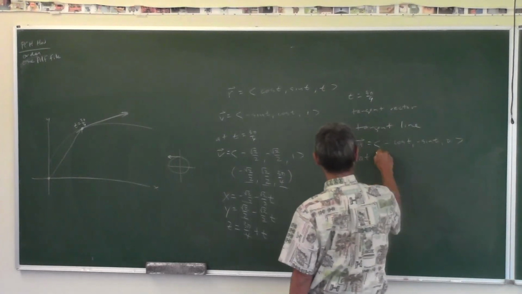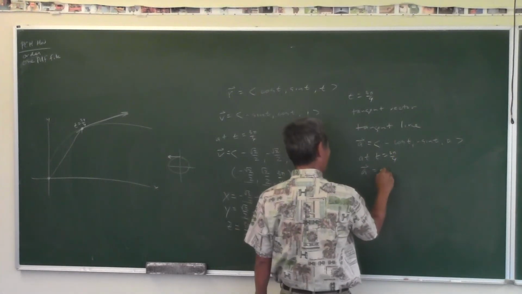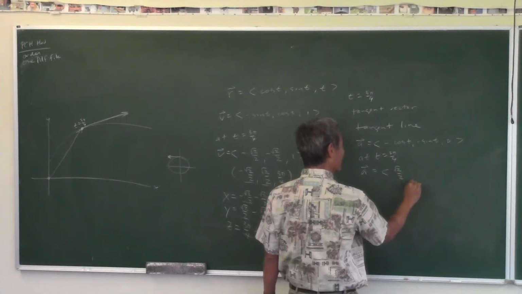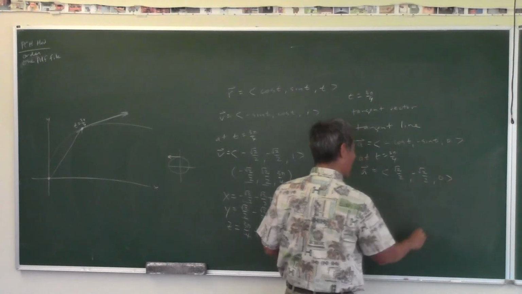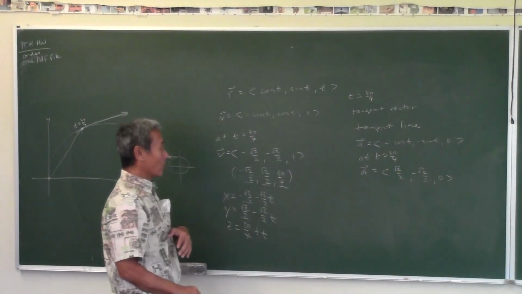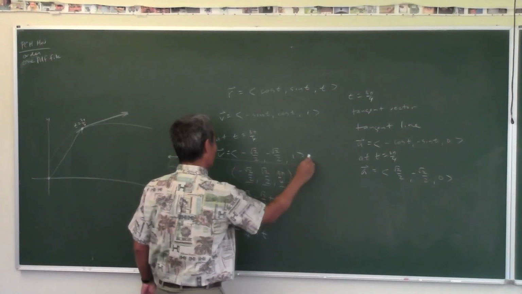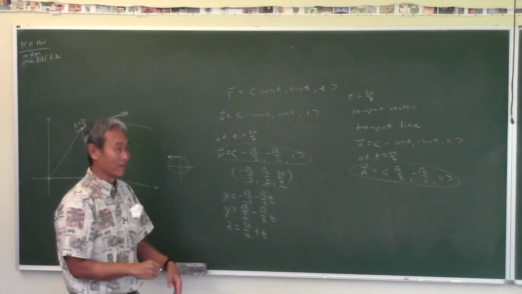So at t equals 3 pi over 4, what is the acceleration vector then? Root 2 over 2, negative root 2 over 2, 0. So, at that particular point in time, how do you find the angle between the velocity and the acceleration vector? You use the dot product, right?